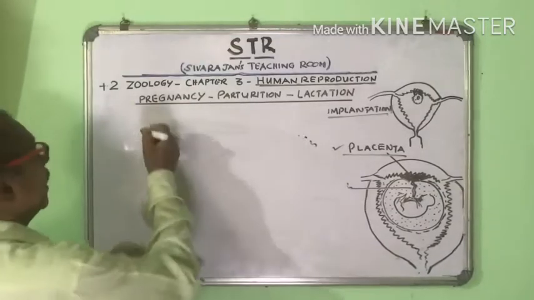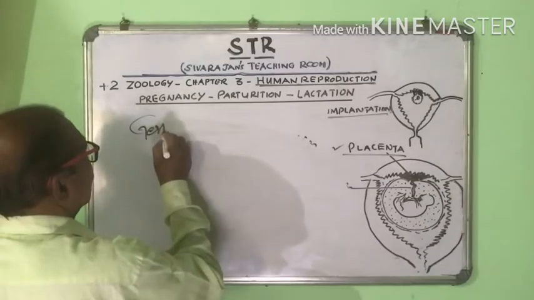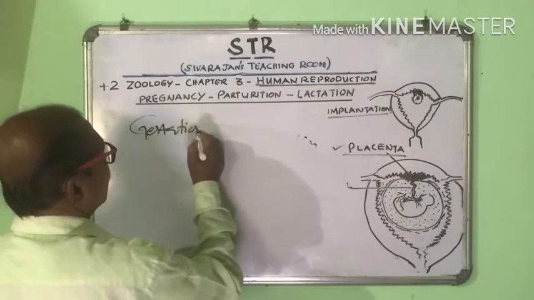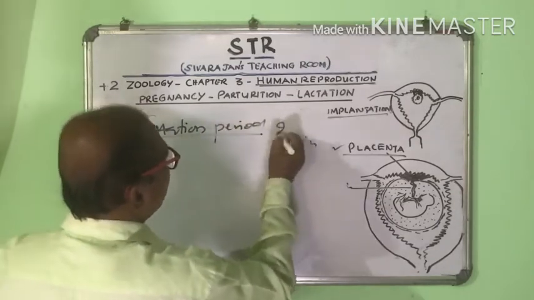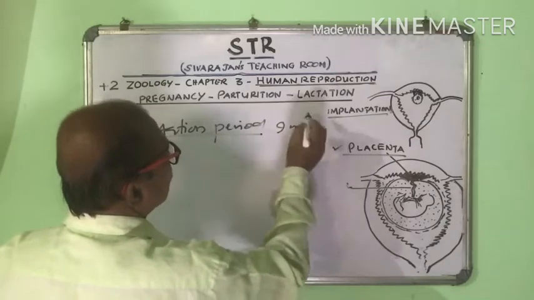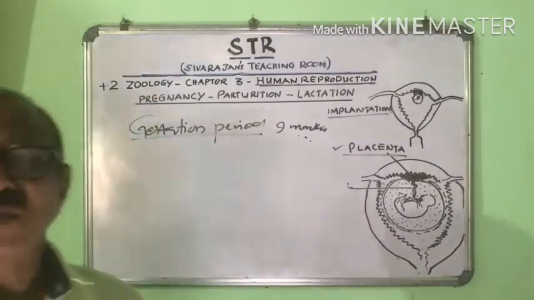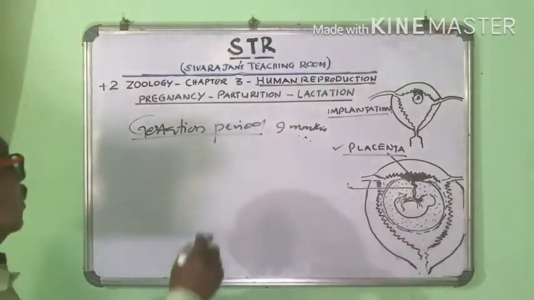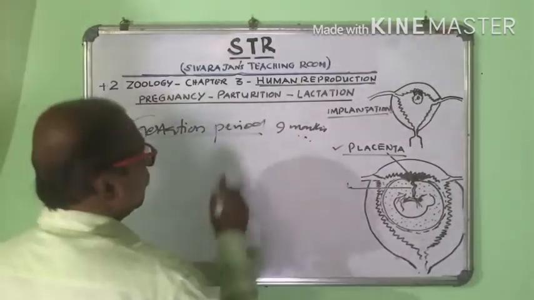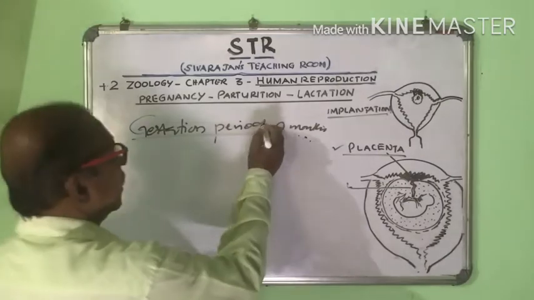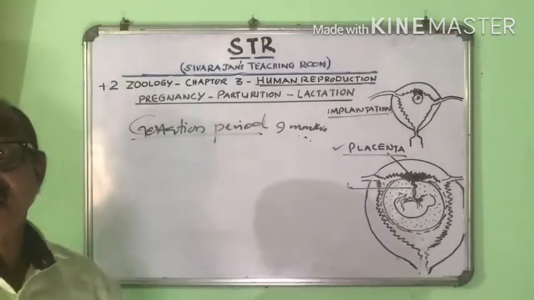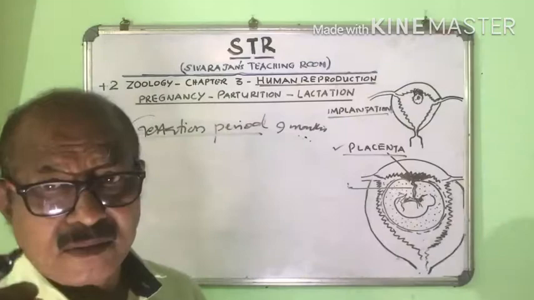The gestation period is 9 months. That means the fetus needs 9 months to grow fully. So the total period of pregnancy is called a gestation period. It can be divided into 3 stages.